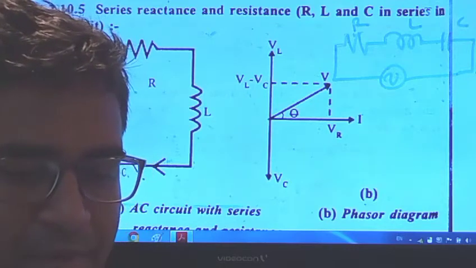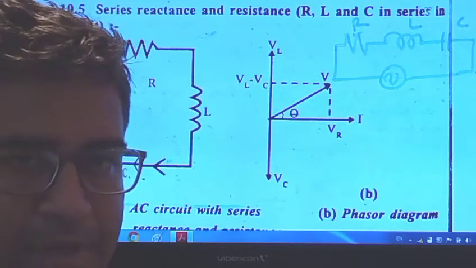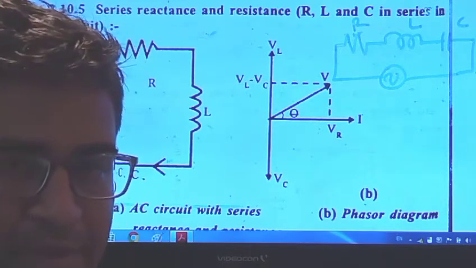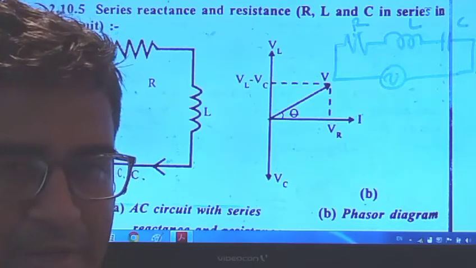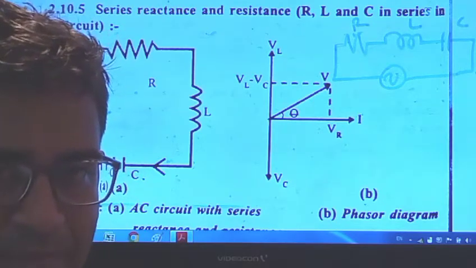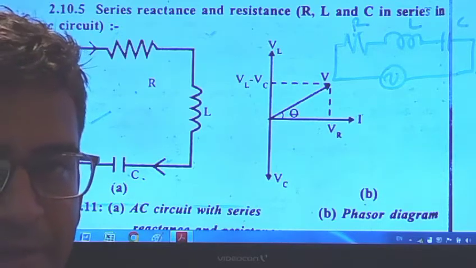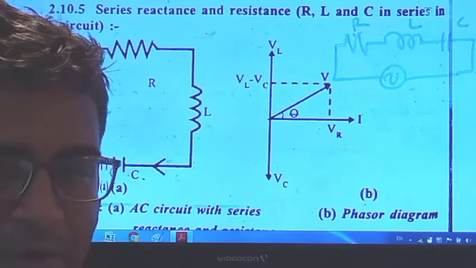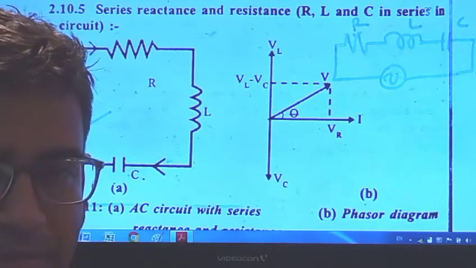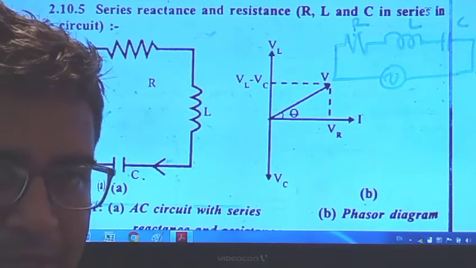As you know, one is leading, one is lagging and one is in phase. The resistance is in phase, the next part is leading, and the next part is lagging.